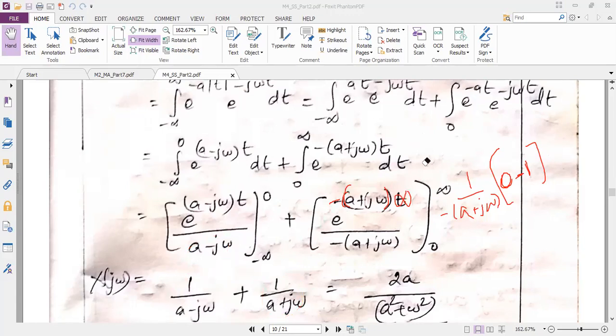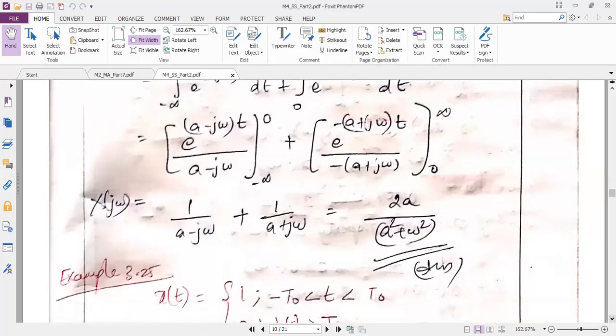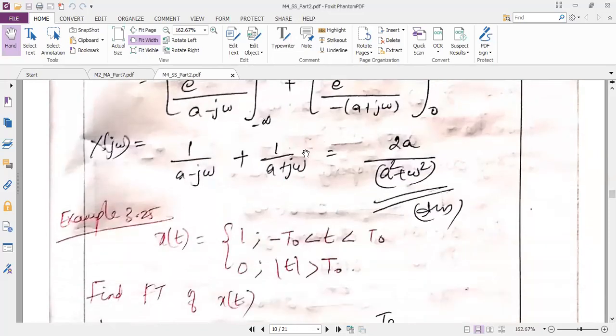I told you, if simplification is further possible, you have to do it, because we don't know what will be the key answer in the exam. So there is a possibility here. We can take the LCM and we can reduce this term.